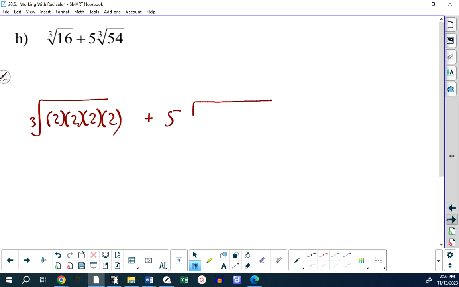The 54 is going to require a little bit more thought, I think. You know, my brain says, and I don't necessarily need to write it down, you might or might not. My brain says 54 is 9 times 6. And 9 is 3 times 3. And 6 is 3 times 2.